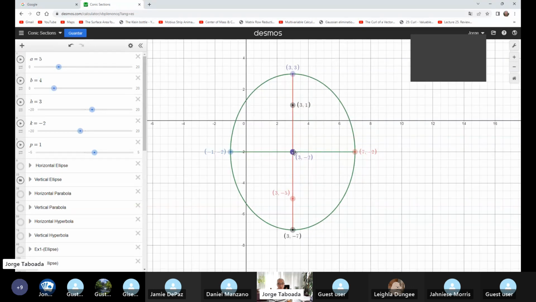Center, 3, minus 2. Vertex, 3, 3 and 3, negative 7. Endpoint of the minor axis, 7, minus 2 and negative 1, 2. Focus, foci in plural, 3, 1 and 3, negative.